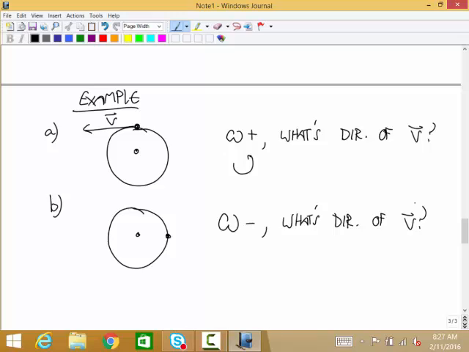So down, right. So in this case, omega negative means it's moving clockwise, and so the velocity vector has to be that way. If you know the direction of either one of those, the velocity or the angular velocity, you can figure out the direction of the other one.